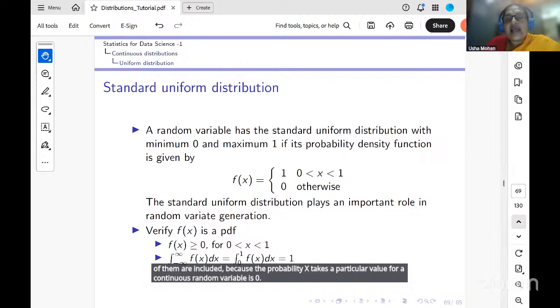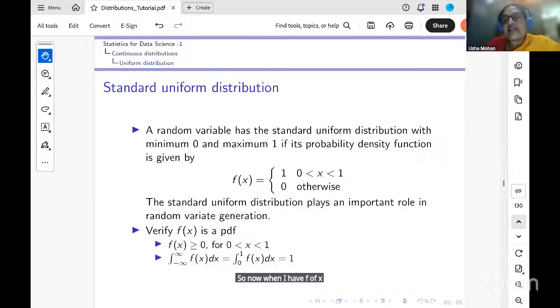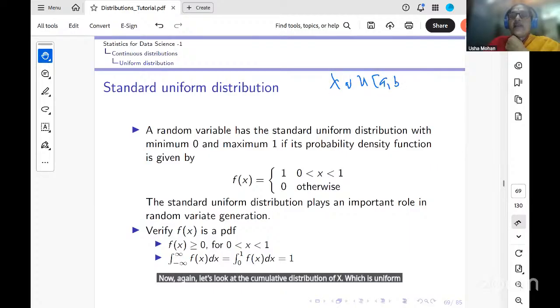So when f of X is defined between 0 and 1, it is called a standard uniform distribution.